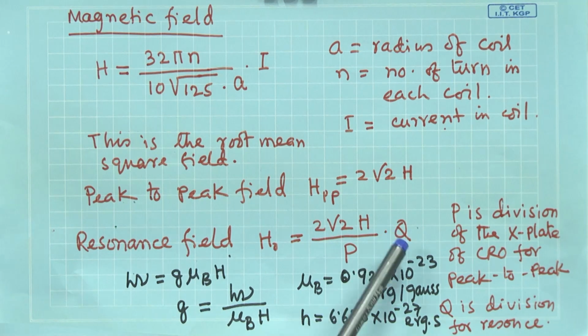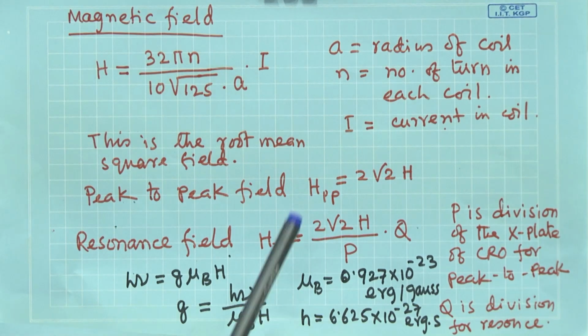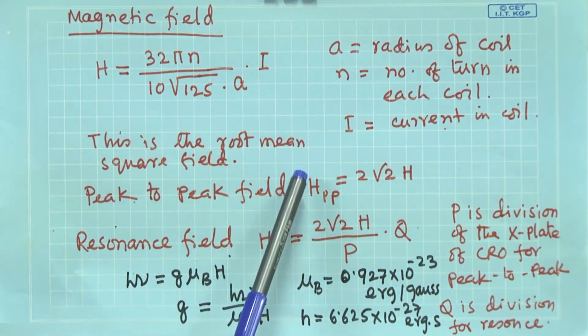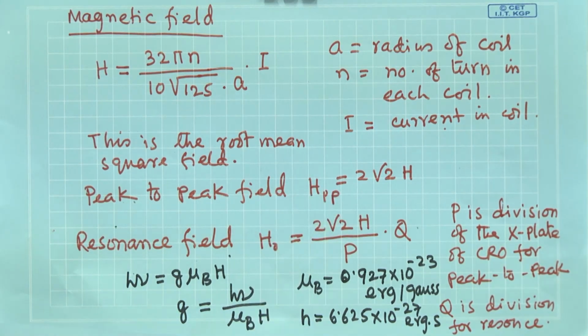So basically we have to experimentally find out this P and Q, okay, by measuring the peak to peak value of the magnetic field before the resonance condition, what is the magnetic field applied, and from there the P divisions, and for a particular h nu, this RF radiation, okay.